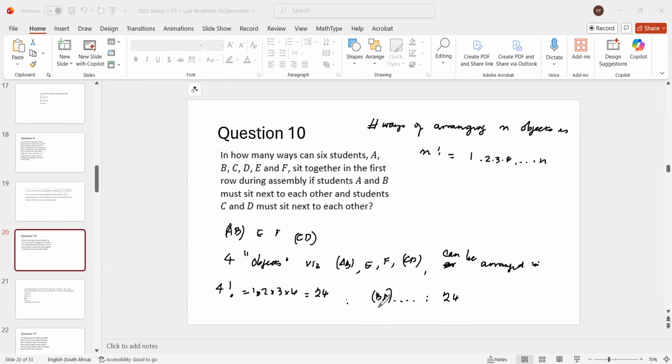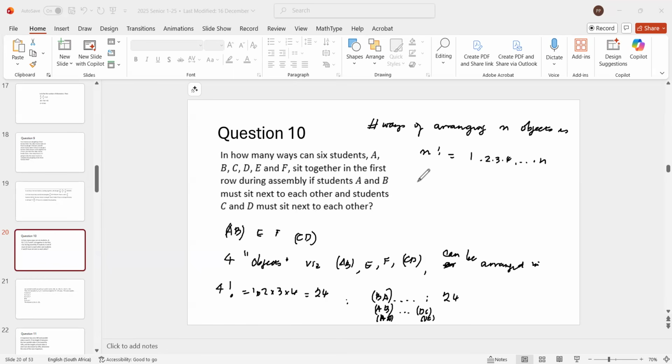Or you could have had AB and DC, or BA and DC. So actually, each of these two pairs can be arranged in 2 ways. You just switch them around. So there are 4 different ways in which these people can be arranged. You can have BA or AB, CD or DC, and you pair them off like that. You have different new arrangements.